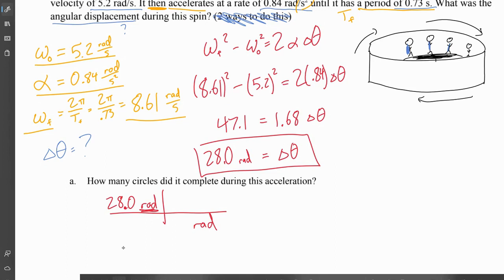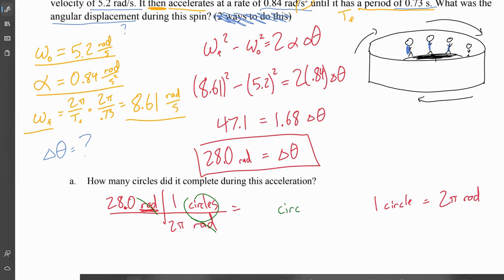Well, we have radians and we want to get to circles. We decided earlier, right? Remember your unit circle. One circle is equal to 2 pi radians. All right, so stack things that are equal. One circle equals 2 pi radians. Okay, radians top and bottom, they cancel. We're just left with circles.